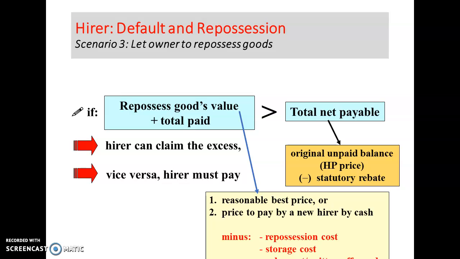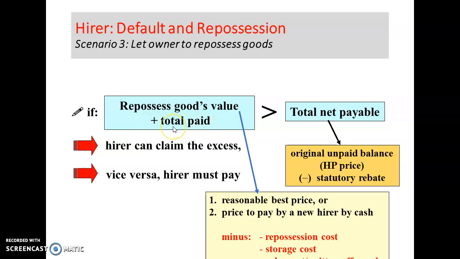If the owner repossesses the goods, the hirer is going to compare the goods value, which is the goods' best price or the price to be paid by a new hirer, minus any repossession cost, storage cost or selling cost, plus the total amount that has been paid so far.